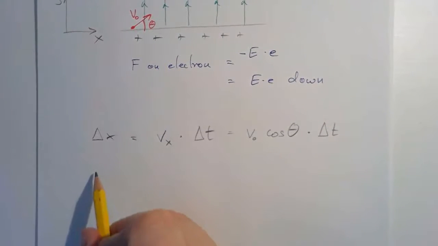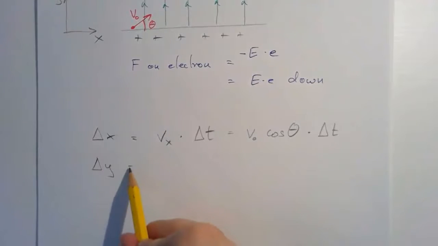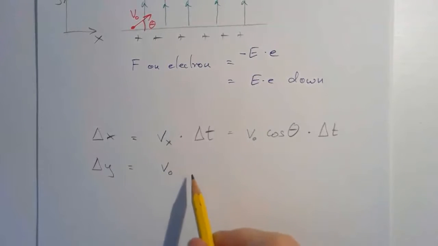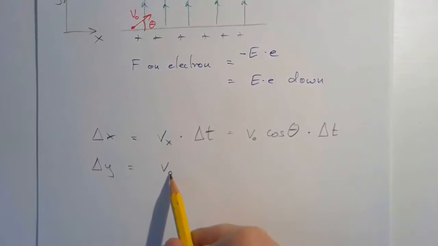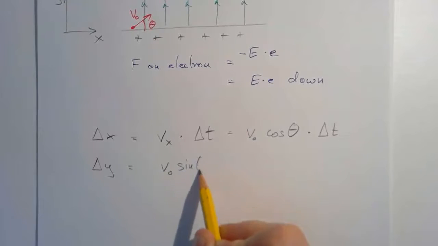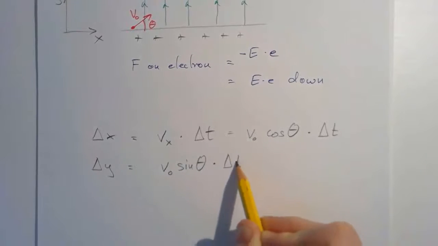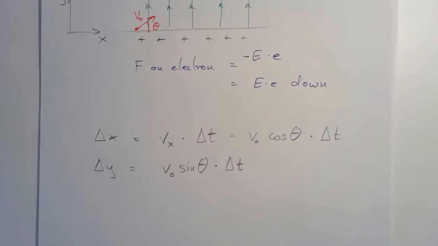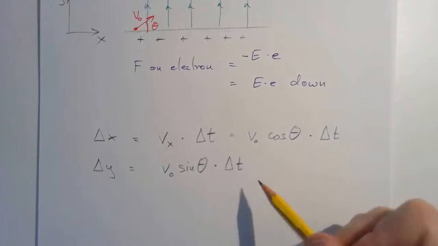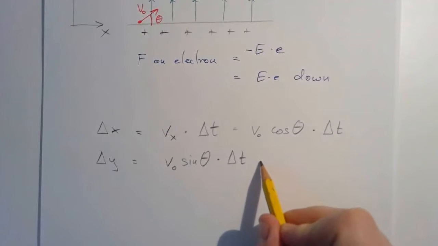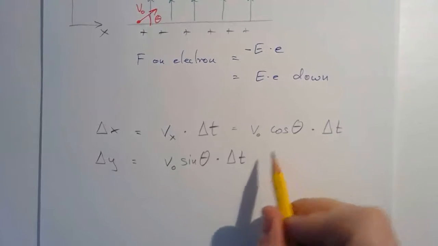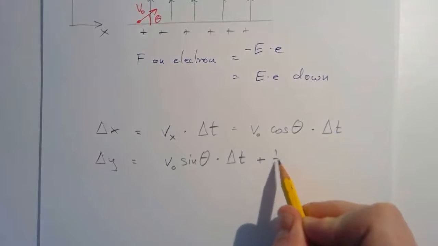In the y direction, what we know is the change in y is given by v naught sine theta, the vertical component, times delta t, but now there's a constant acceleration, so we add 1/2 a t squared.